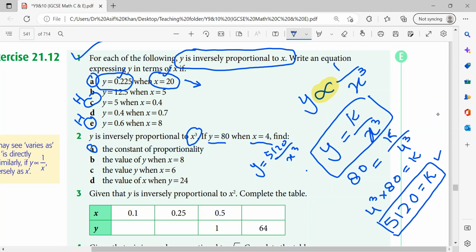Now after this expression, we will solve part B. What he is saying is the value of y when x is equal to 8. So you will put x is equal to 8 in this expression.